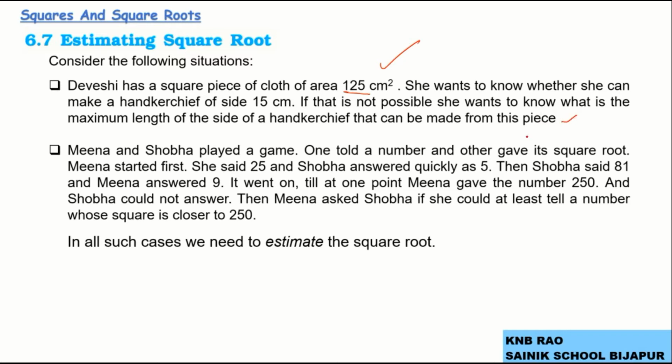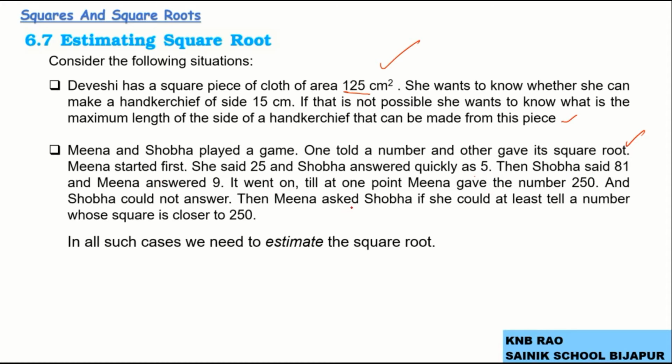This is one situation. In the next situation, Meena and Shobha played a game. One told a number and the other gave its square root. Meena started first. She said 25 and Shobha answered quickly, 5. Then Shobha said 81 and Meena answered 9.